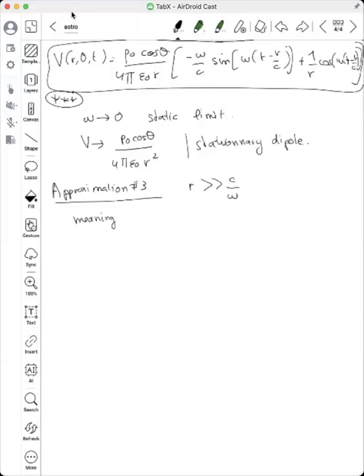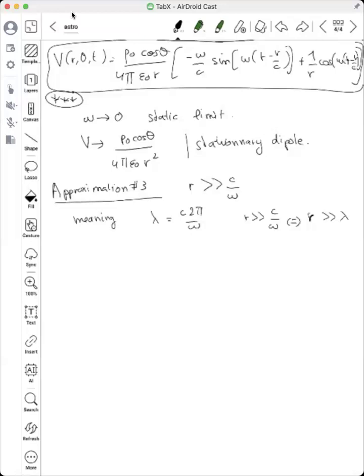As I said before, we want to compare things to lambda, okay? So lambda is equal to C 2 pi over omega, right? So if I assume that R is much larger than C over omega, it's like assuming what? That R is much bigger than lambda, right? If I summarize things, approximation number 2 was to say that D is much smaller than lambda. Now R is much bigger than lambda.